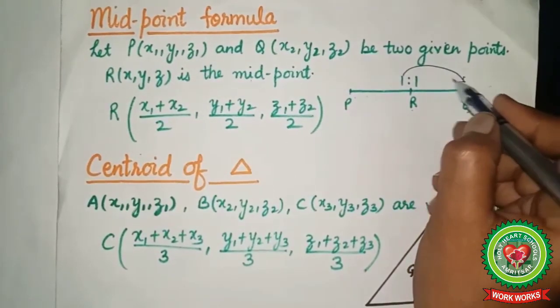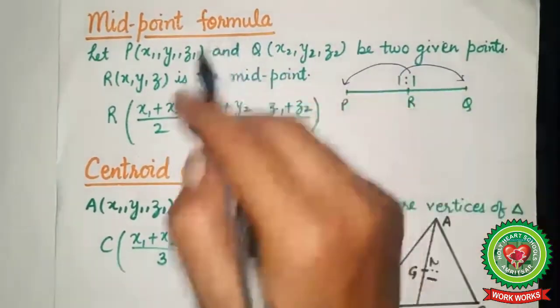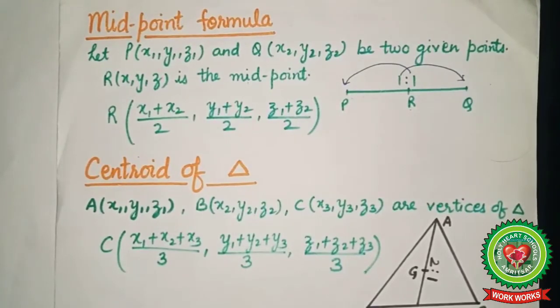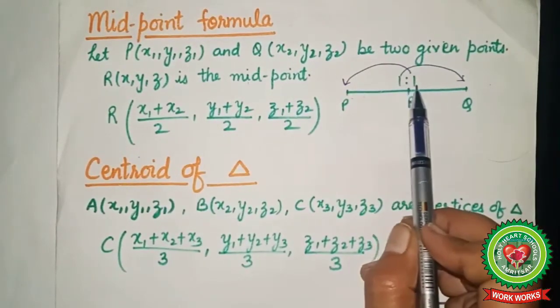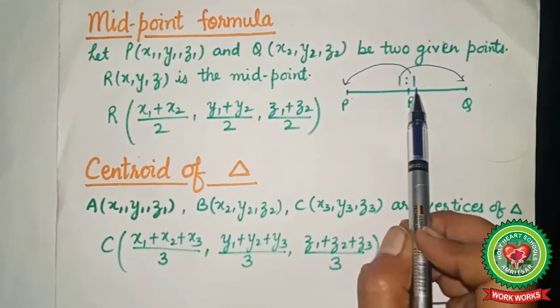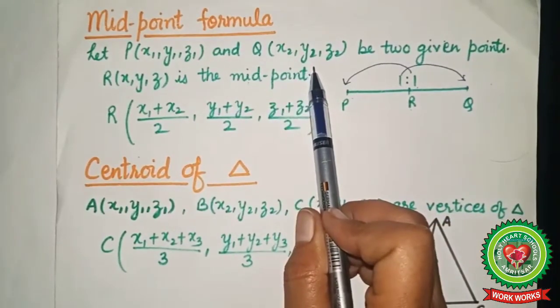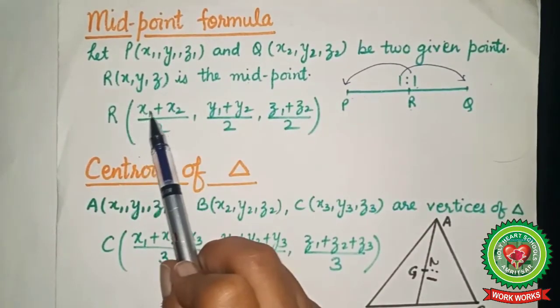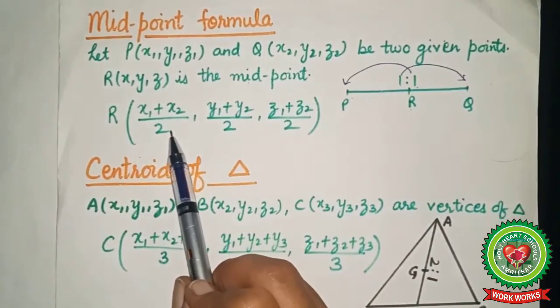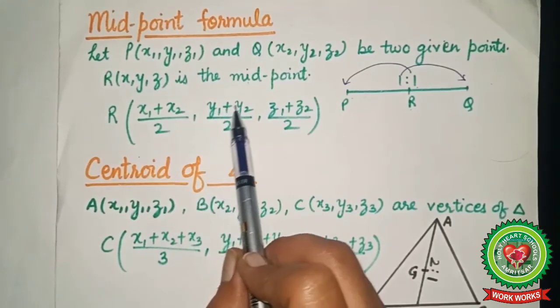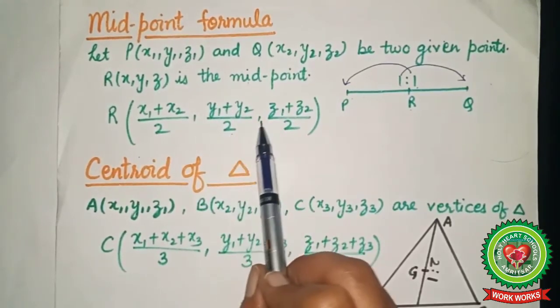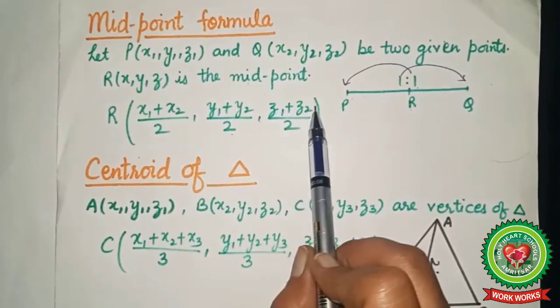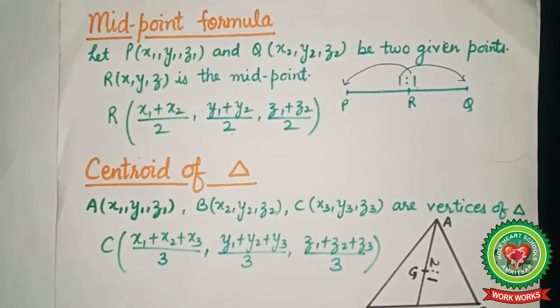Again we apply the section formula, and the midpoint is a special case of it, because here the ratio becomes 1:1. So we directly write the midpoint as ((x1 plus x2) divided by 2, (y1 plus y2) divided by 2, (z1 plus z2) divided by 2). By using this formula, we can find the midpoint.